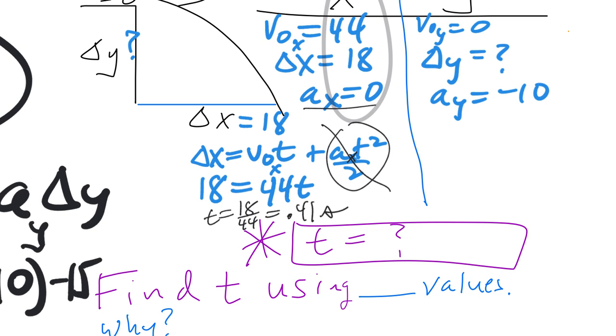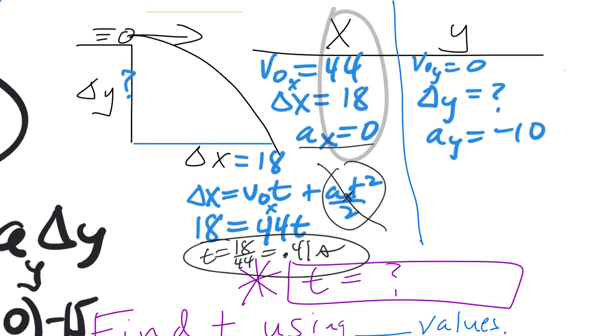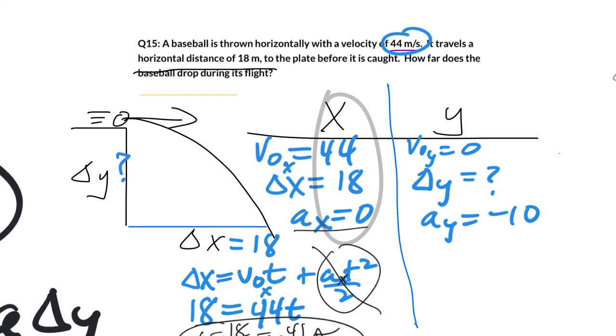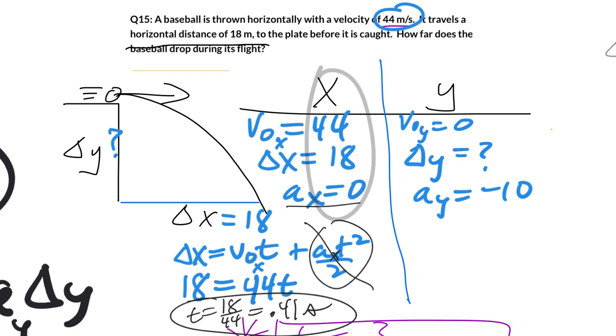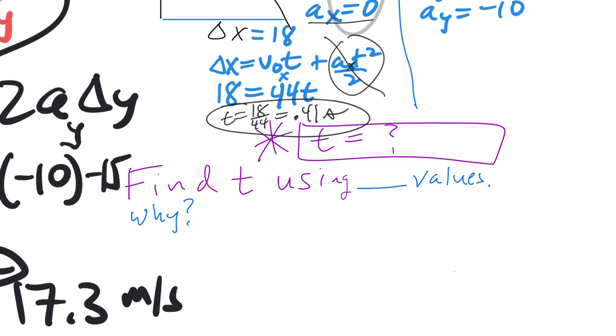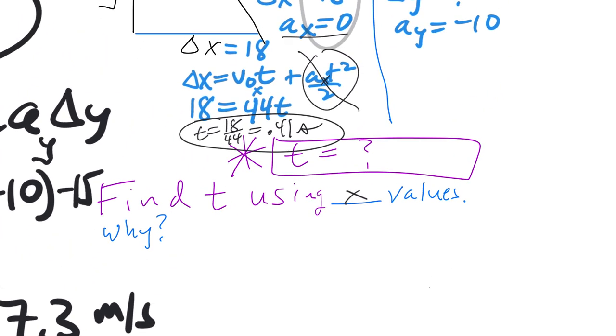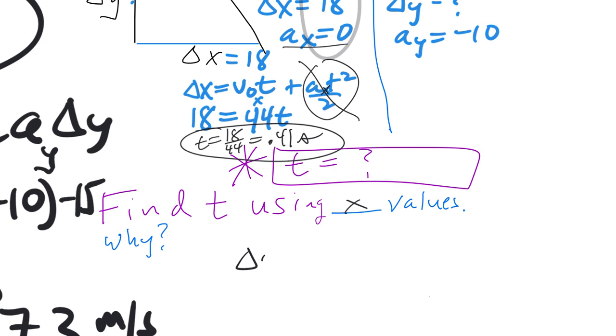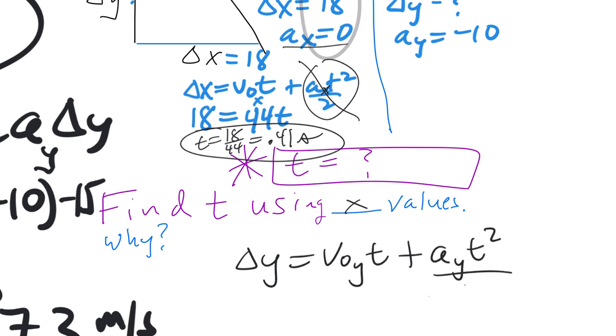Now that I found time, I can find anything else. So how far does the ball drop during its flight? What I'm going to do next is use the same equation that I just did, but with delta y. VOY is 0, right?